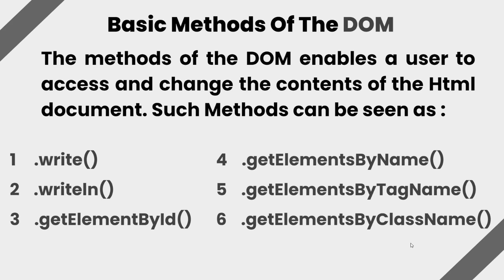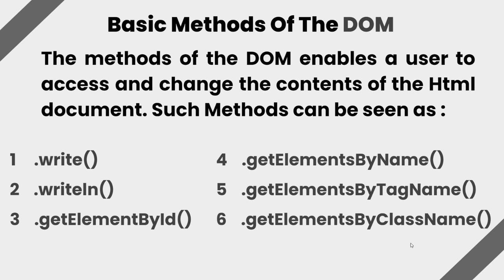So here we have the basic methods of the DOM. Now, the methods of the DOM enable a user to access and change the content of the HTML document. Such methods are: the first method, which is the dot write with the normal bracket method. We have the dot writeln method.